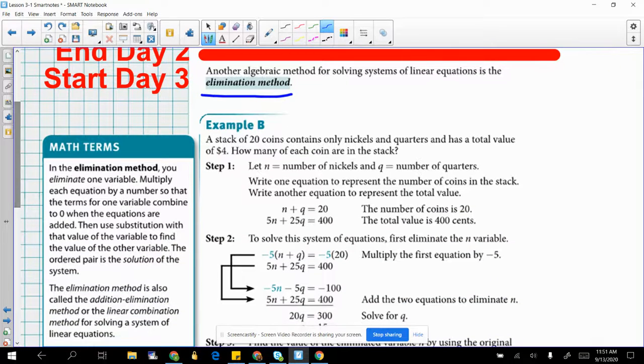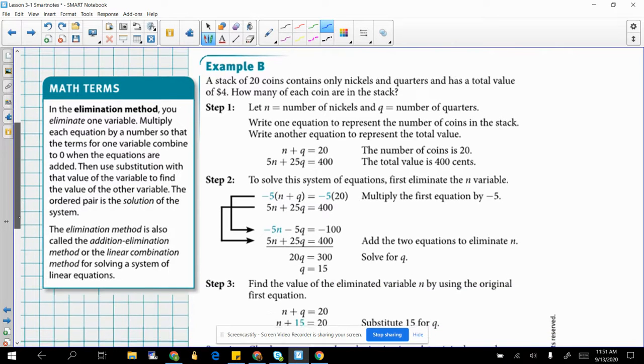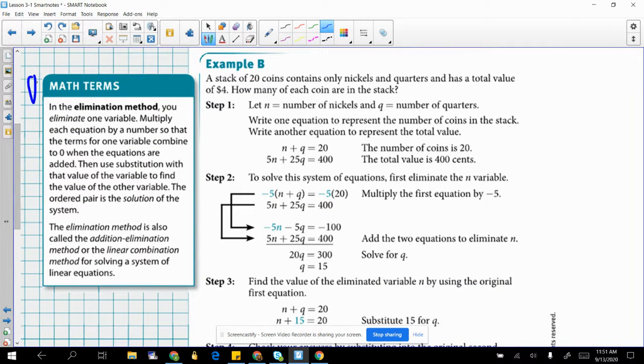As it says here, another algebraic method for solving systems of linear equations is the elimination method. If you look at your math term, it says in the elimination method, you eliminate one variable. So what you'll have to do is multiply each equation by a number so that the terms for one variable combine to 0 when the equations are added.